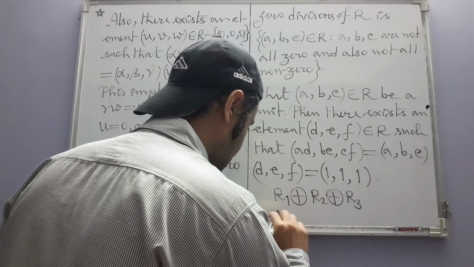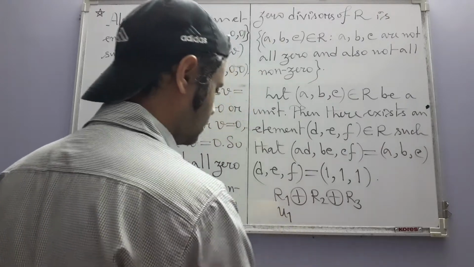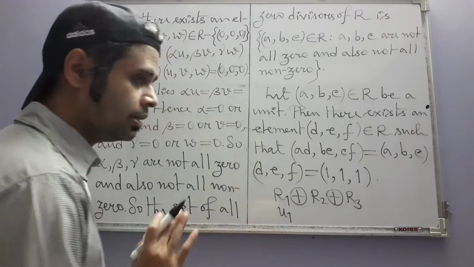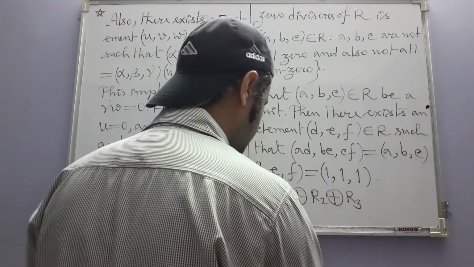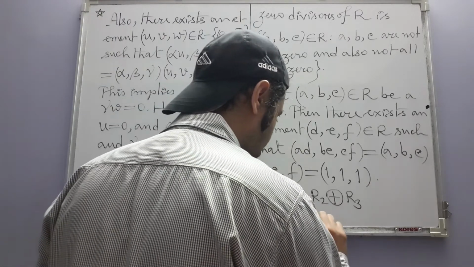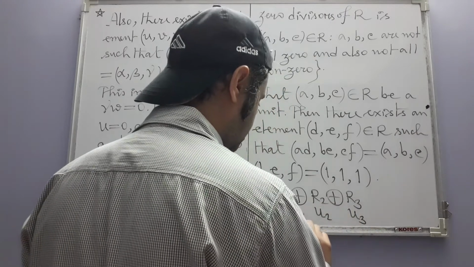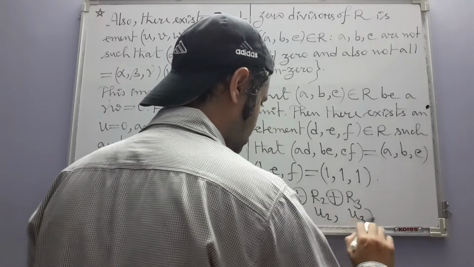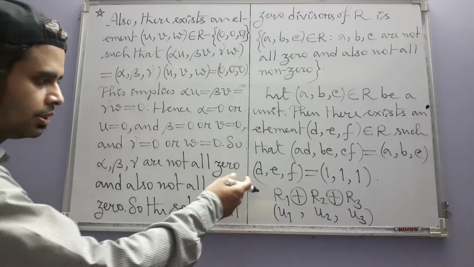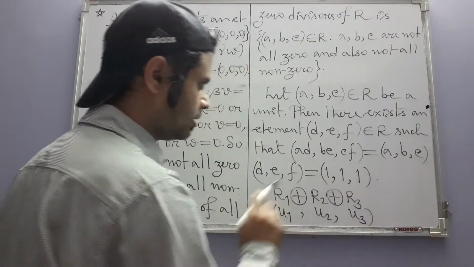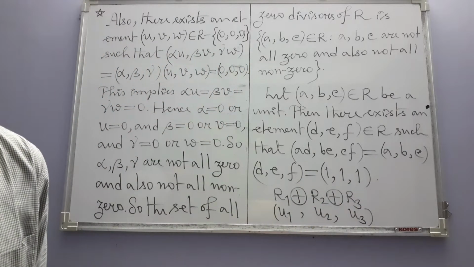If the unit element in R1 is u1, that in R2 is u2, and that in R3 is u3, then clearly this ordered triple is the unit in this direct sum. So just like that, this is the unit in our ring R.